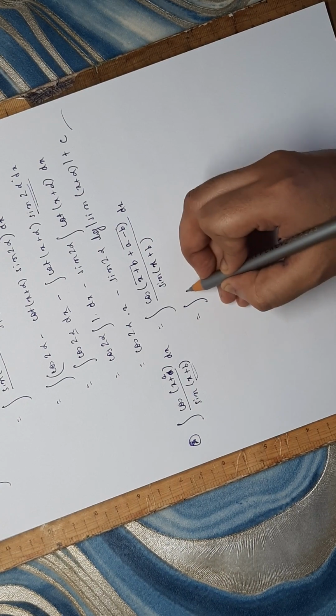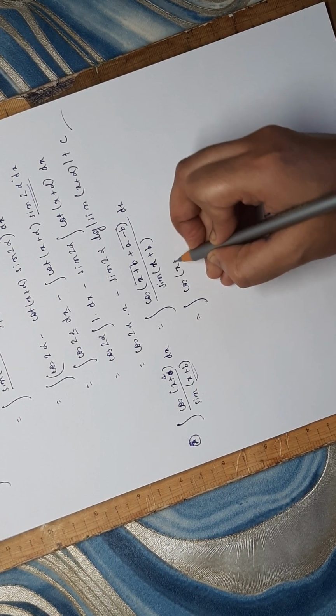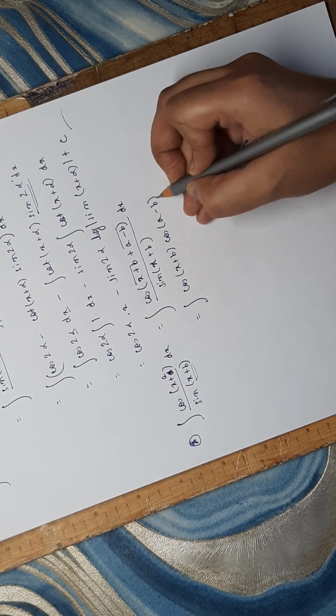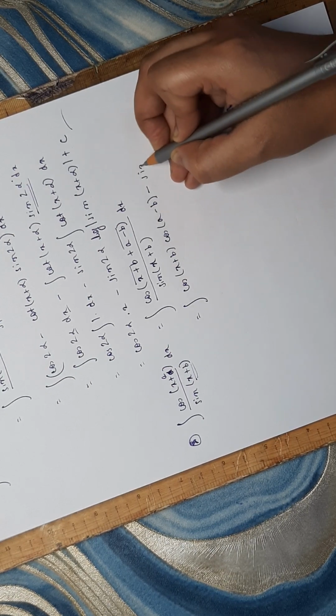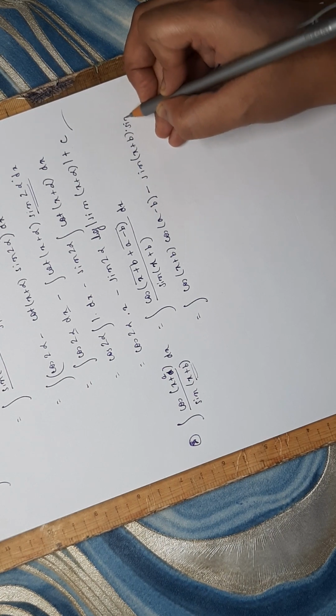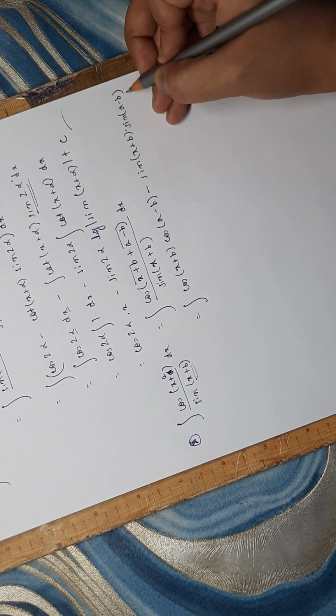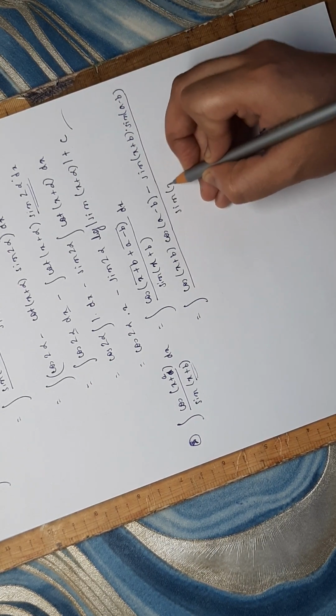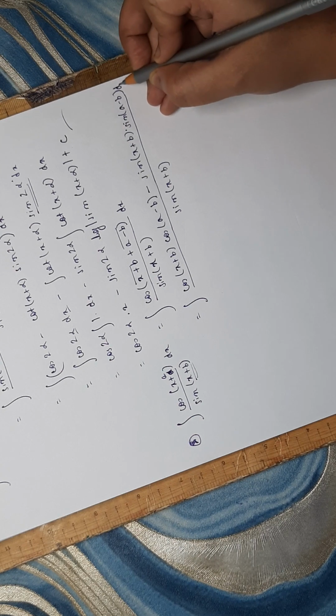All right, and now we know the formula for cos of a plus b. It is nothing but cos of a cos of b minus sine of a into sine of b, divided by sine of x plus b, into dx.